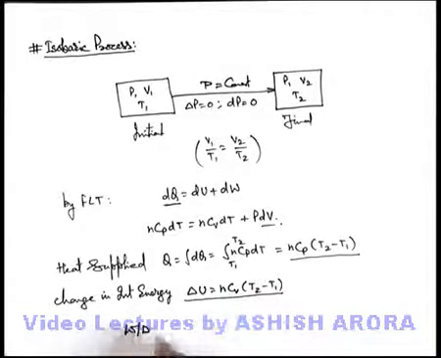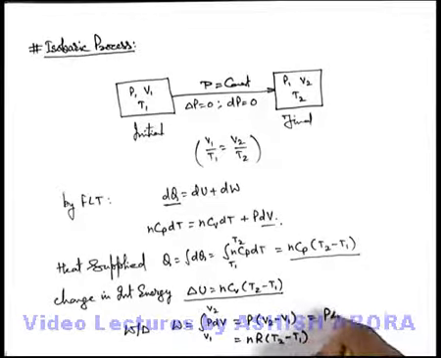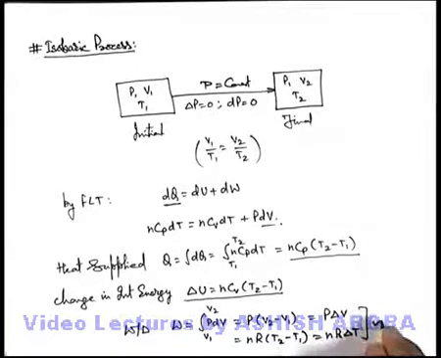And if we find out work done by the gas, work can be written as integration of PdV from V1 to V2. Here as pressure is constant, it can be simply written as P (V2 minus V1). And here PV2 or PV1, by using gas law, we can write as nRT2 and nRT1. So this can be written as nR (T2 minus T1). So always remember in case of an isobaric process, work done can be written as P delta V or nR delta T. Both are the relations which are useful for calculation of work done in an isobaric process.